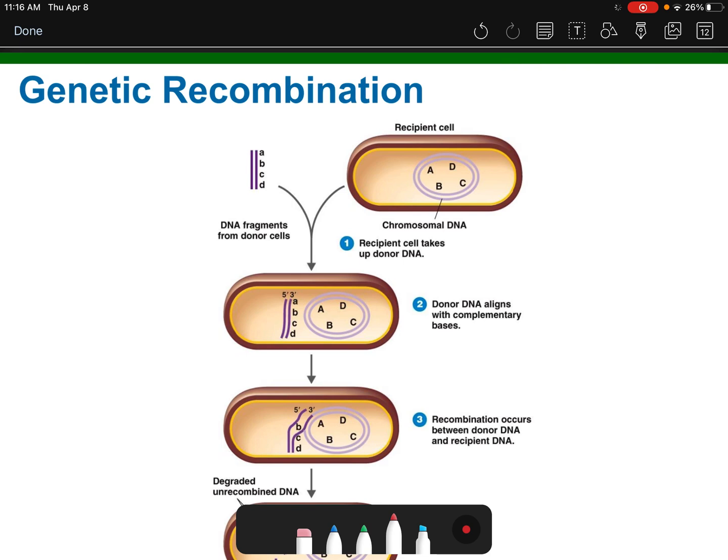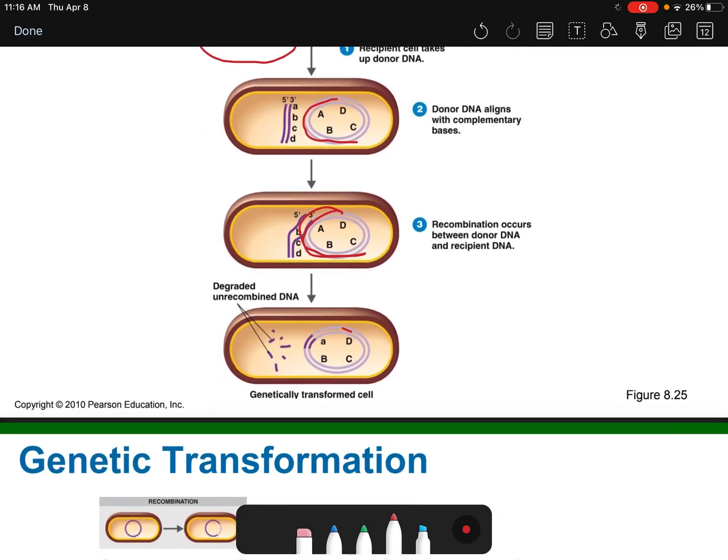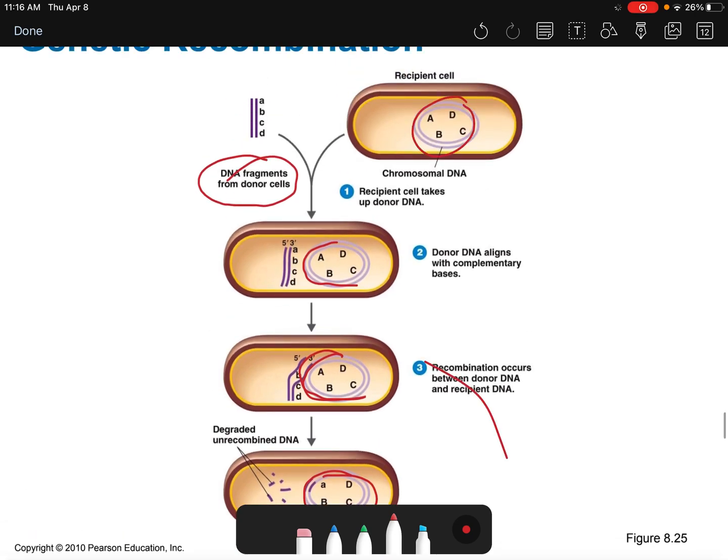In bacterial cells, they can also have genetic recombination if they get DNA from donor cells that they pick up. Maybe they brought it in through their pilus, and if that joins then with their bacterial chromosome, they can now have a new combination than what they had originally.